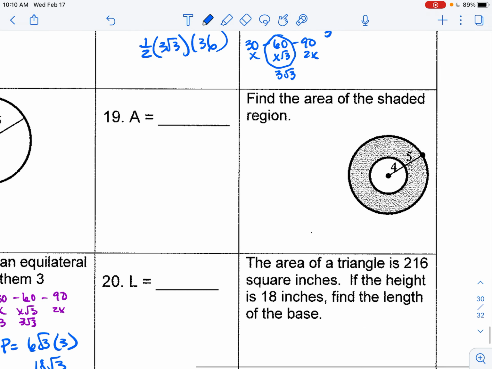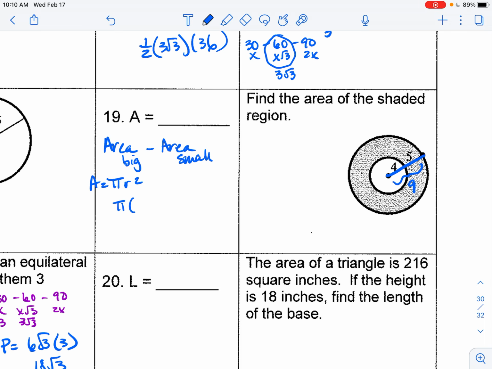Okay, 19. Find the area of the shaded. Okay, so I got 2 circles. Here's my plan. Area of the big minus area of the small. And that will give me the shaded region. Area is pi r squared. And so this is pi times the entire radius here, which would be 9. 4 plus 5 gives me 9.